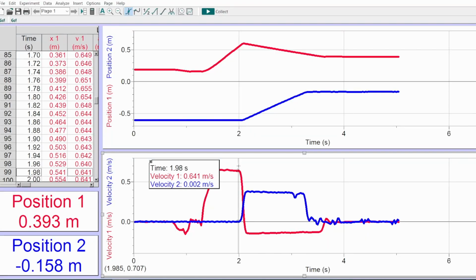Just before the collision, velocity 1 was 0.641 meters per second. Just after the collision, the velocity of cart 1 was bouncing back at negative 0.145 meters per second. Cart 2 was launched at 0.382 meters per second.